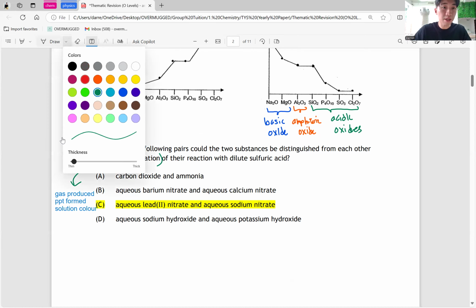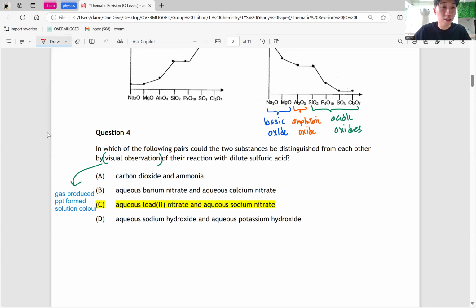Now, this chapter itself, if you take a close look, is actually a chapter in salts. You can also argue it is part of your QA, but those two chapters are closely related anyway. But what I need you to know over here is this. When you're looking at the two pairings, the nitrate is the same. Therefore, it's not the nitrate that will result in any difference. If anything, it is actually the cation that's responsible.